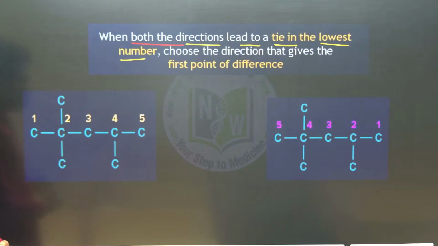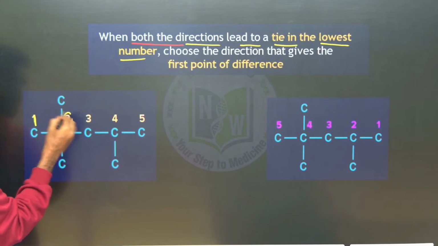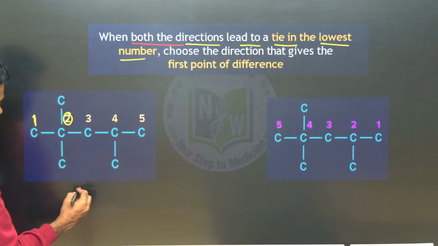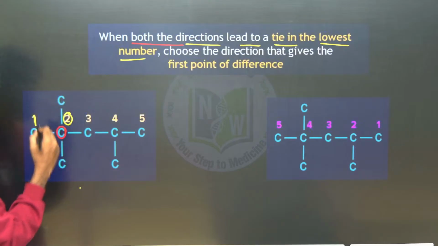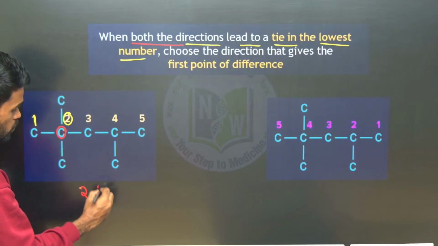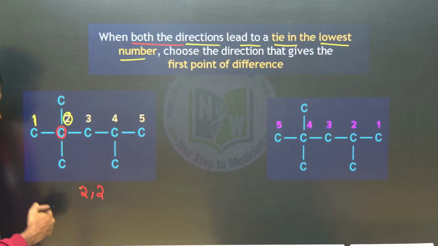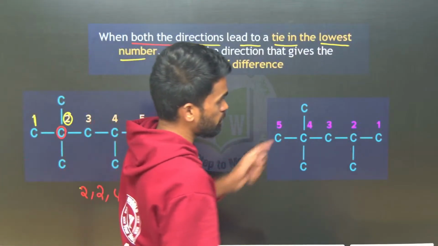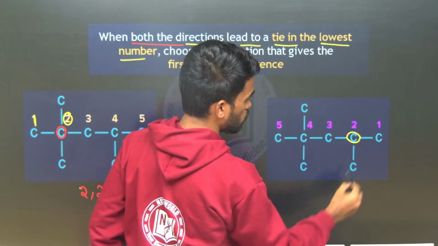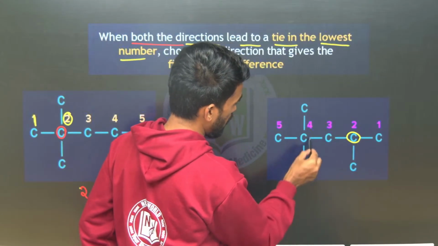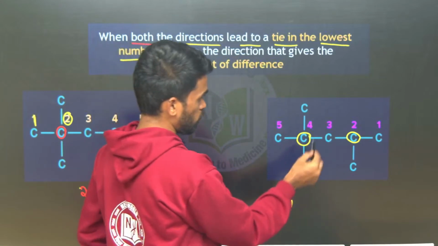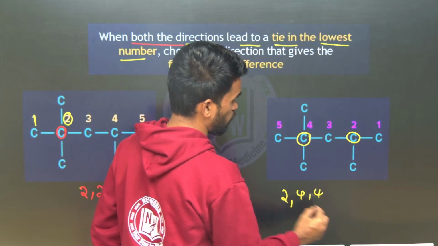In the first one I start from here so that the substituents get the lowest numbers. At the second position we have two substituents, so I can say 2,2, and 4. On the other side, if I number from here, the substituents are 2 and at the fourth position we have two substituents, which means 4,4.